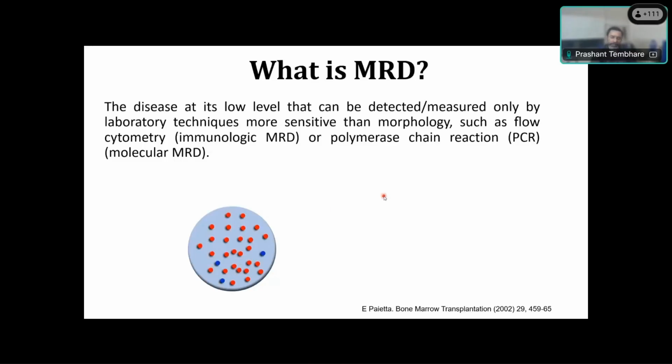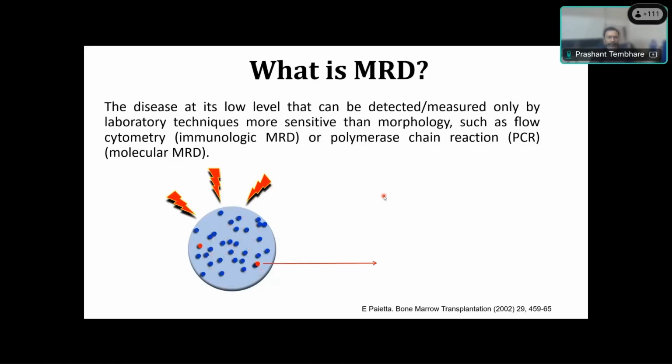When a patient receives intensive chemotherapy, that is called induction therapy, at the end of induction therapy most of the tumor cells are killed, but you will still have very few cells left among the other normal cells, and these cells are resistant to the given treatment. So this is called residual disease, and measurable residual disease because we can measure it to a very low level, depending on the sensitive technique we use to measure it.